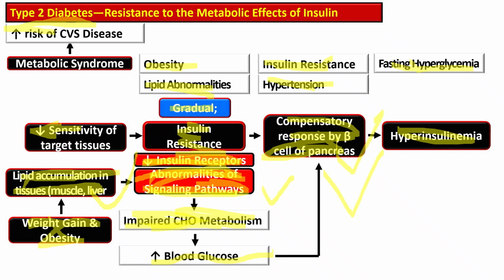Collectively, these factors increase the risk of type 2 diabetes and cardiovascular diseases. So, atherosclerosis and vascular damage are major complications associated with this. Insulin resistance and associated metabolic changes, such as the lipid abnormalities, accelerate the risk of cardiovascular disease.